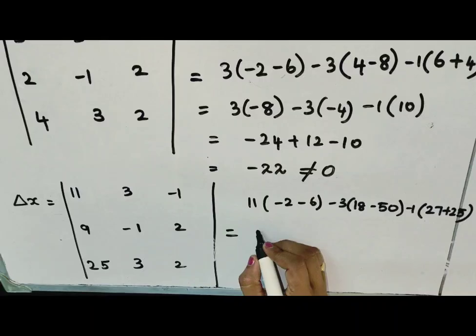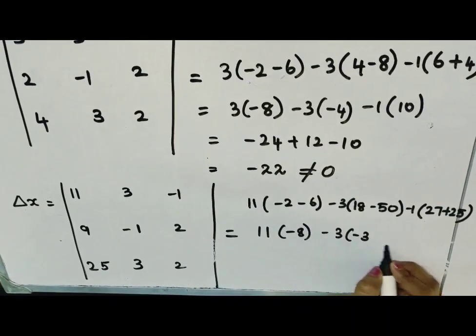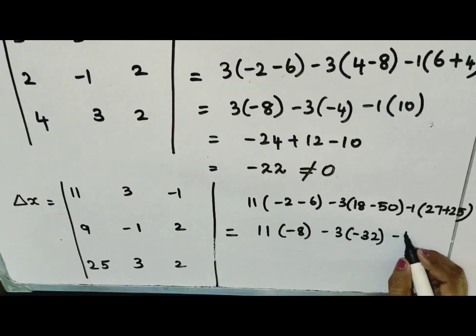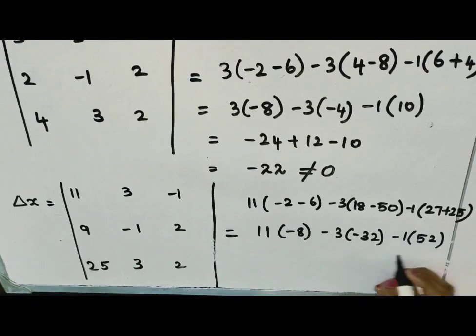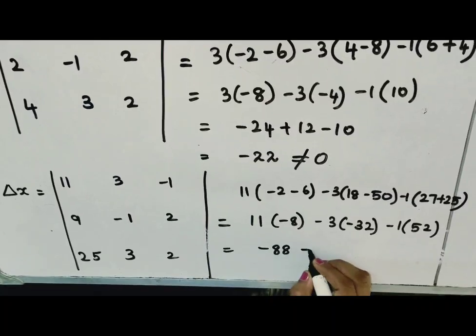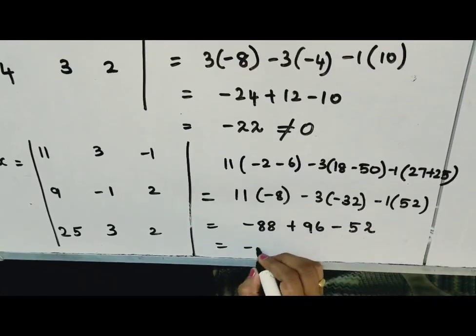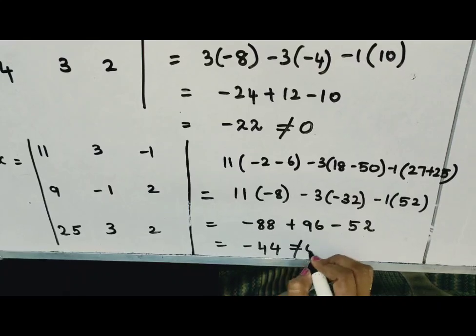If I simplify, I get 11 into minus 8, minus 3 into minus 32, minus 1 into 52. So 11 into 8 is minus 88, minus into minus is plus 96, minus 52. So I will get the answer as minus 44. This is also not equals to 0.